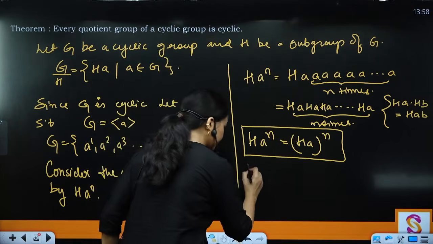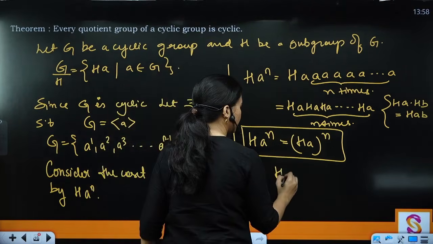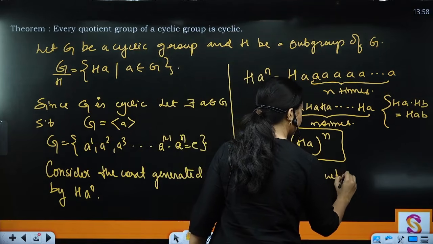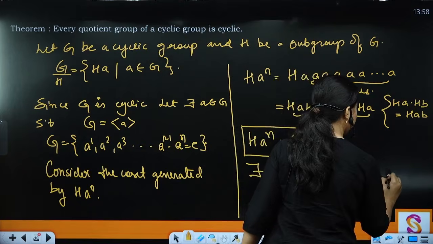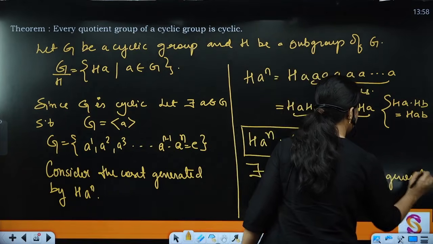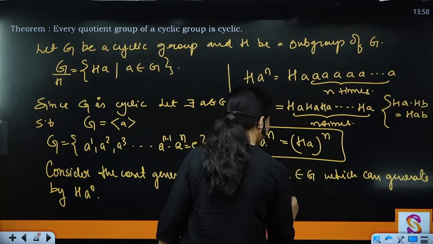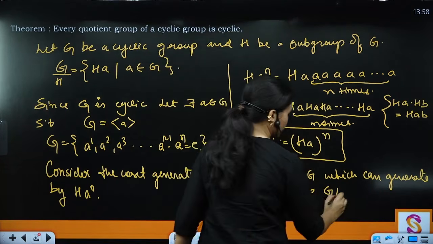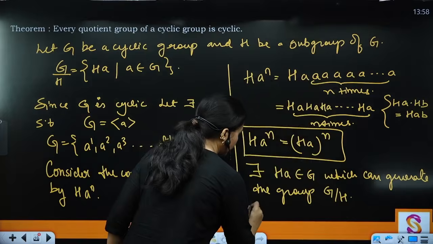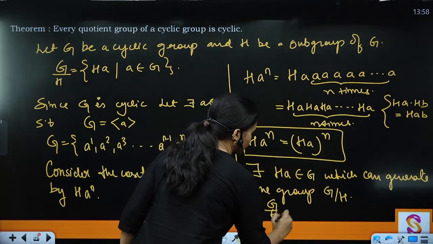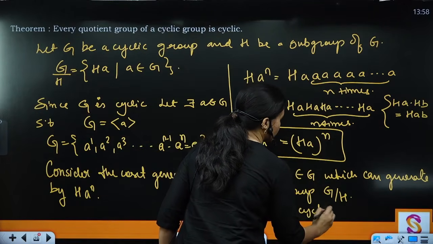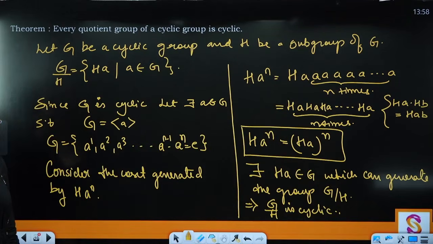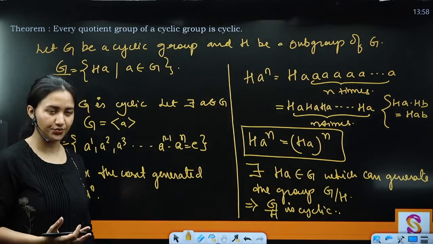So there exists Ha belonging to G/H which can generate the group G/H. So this implies that G/H is cyclic. If you have space, just write here that the quotient group of a cyclic group is again cyclic, right?